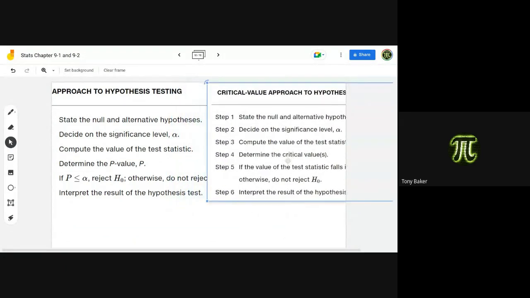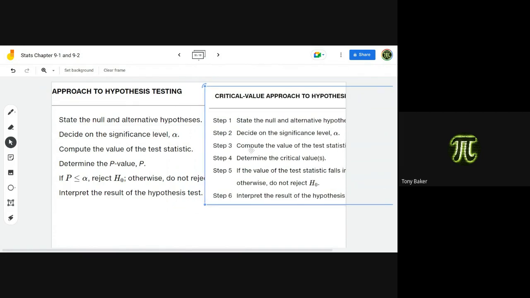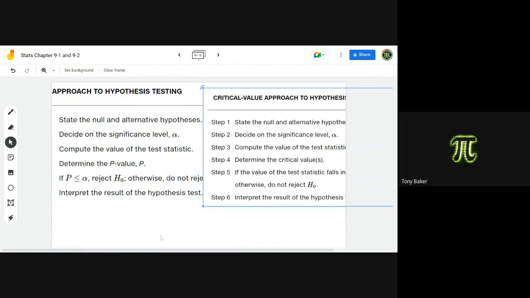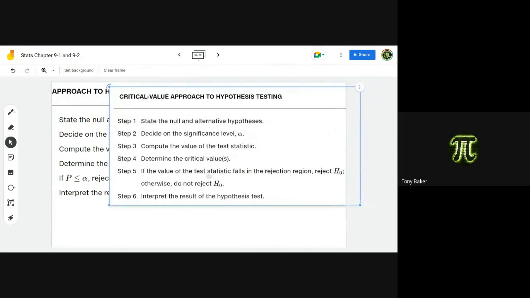And this is the critical value approach. State the null hypothesis, decide the significance level, compute the statistic. The only difference is step 4. Determine the p-value or determine the critical values. Both of them go back to the z-score, the z-table. One, you're using the test statistic. One, you're using the significance level. That's basically the only difference between the two. And then you compare it based on what you got.